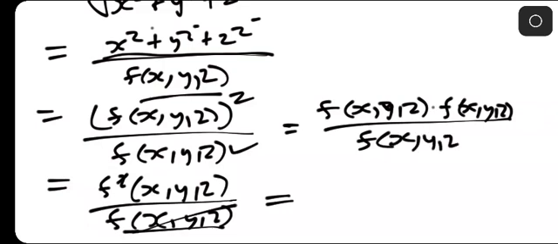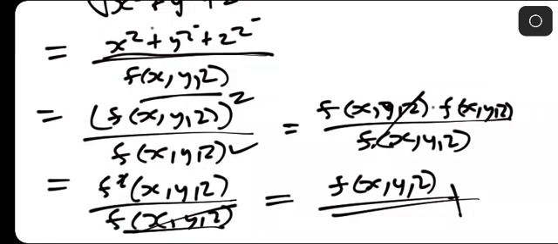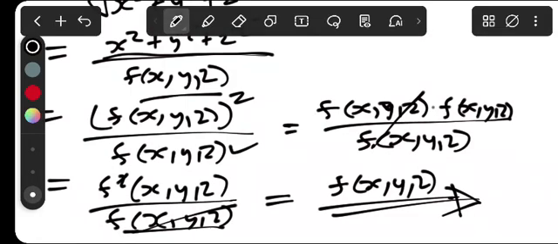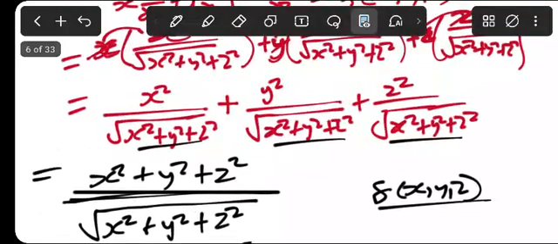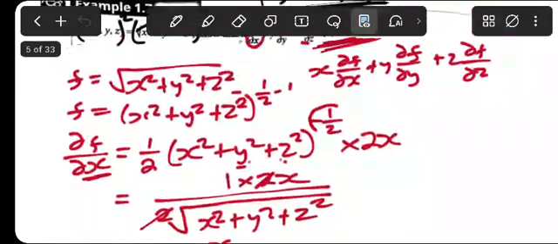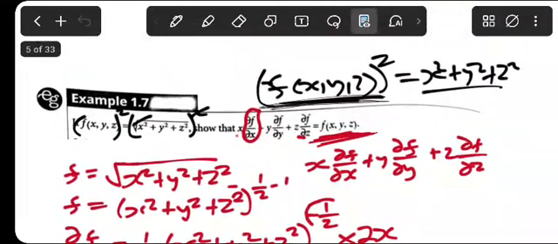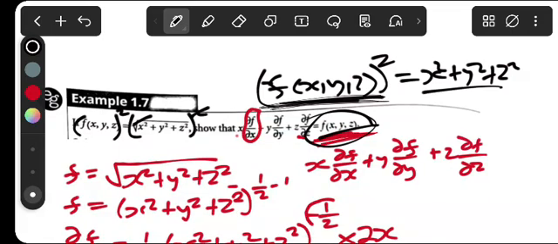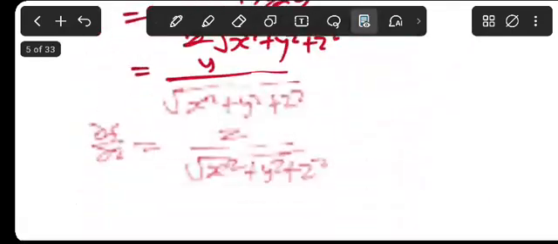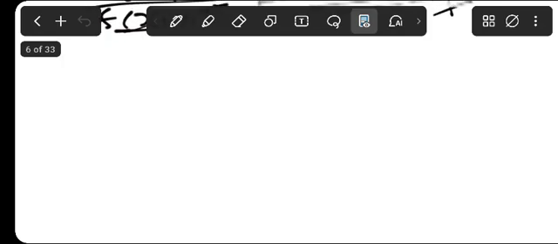So the one will cancel, and we are left with f of x, y, z. This is what we're supposed to prove, isn't it? So we've proven this now, guys. So we got what they've talked about here. This is how you go about handling this typical question.